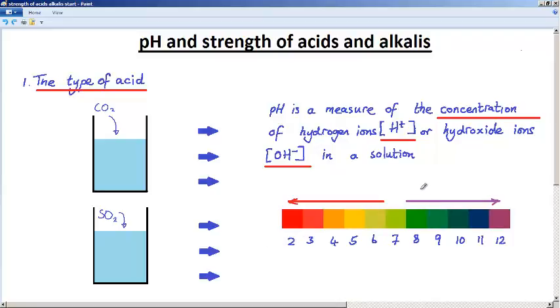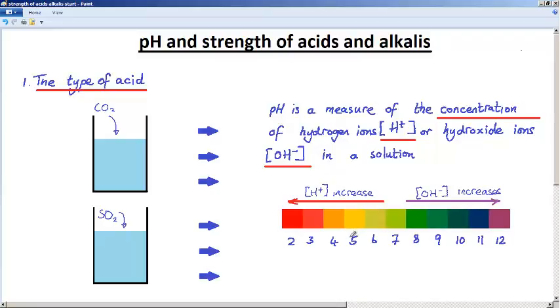So as we move this way the concentration of hydroxide ions increases, and as we move this way the concentration of hydrogen ions increases. That's to say the number of hydrogen ions within a unit volume increases that way, or the number of hydroxide ions in a given volume increases as we move this way.